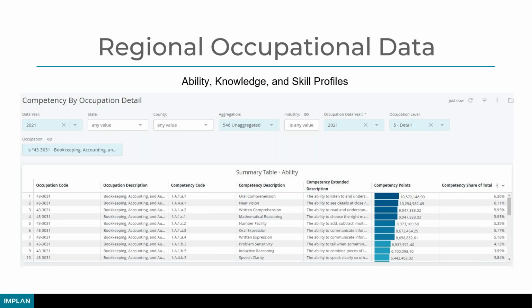We need mathematical reasoning, number facility, problem sensitivity, inductive reasoning. Some of these are pretty common to all of them. Oral and written comprehension are usually near the top of pretty much any occupation, as well as near vision. But once you get off those top three, you're really getting into the specific needs of that occupation.